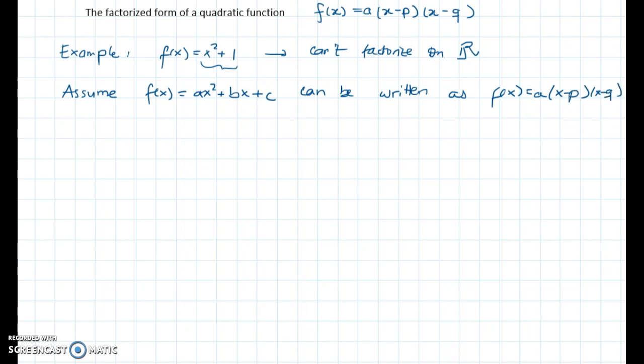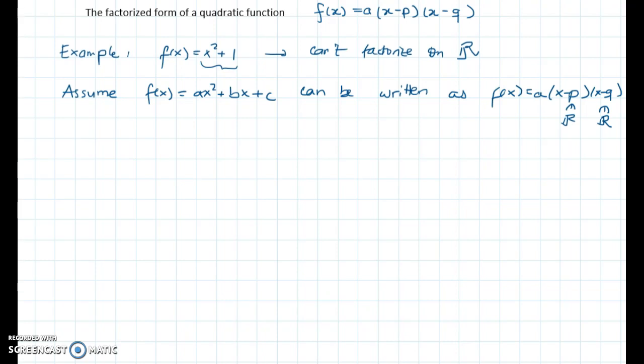So assume we can factorize and these p and q are real numbers. To factorize it, we can use any of the techniques that we have practiced earlier, splitting the middle term. You can use the quadratic formula, whichever way you want, but we just need to achieve that.